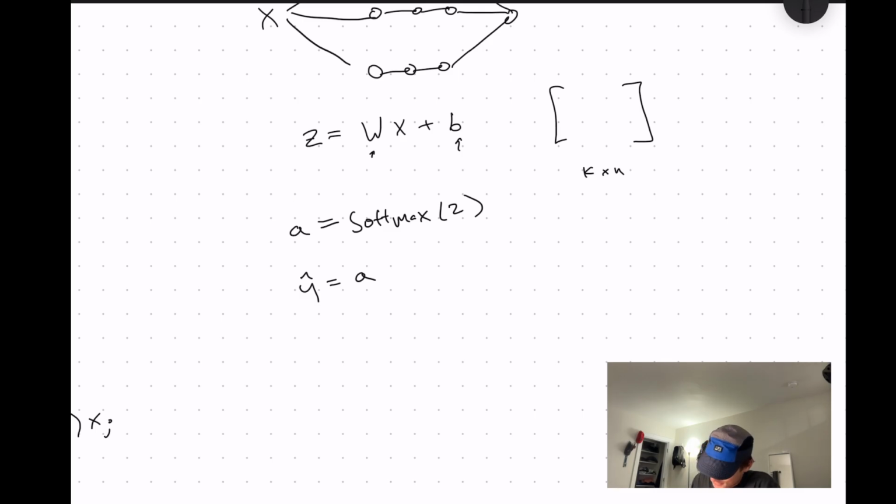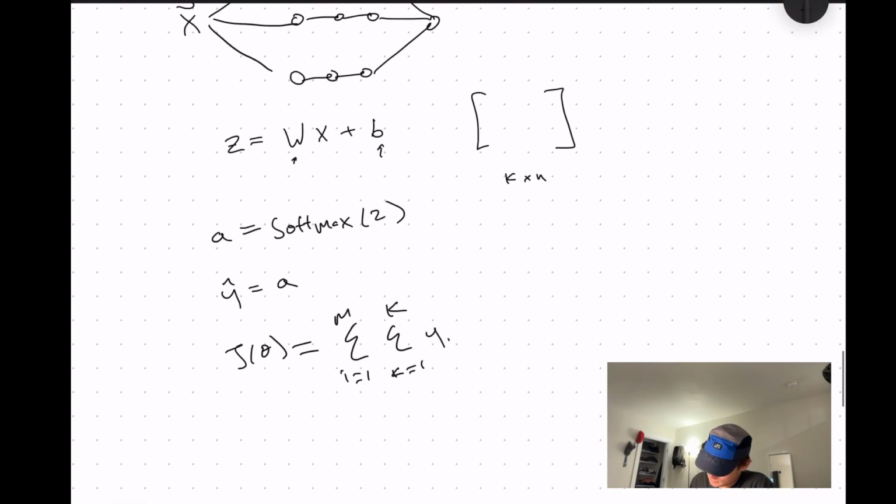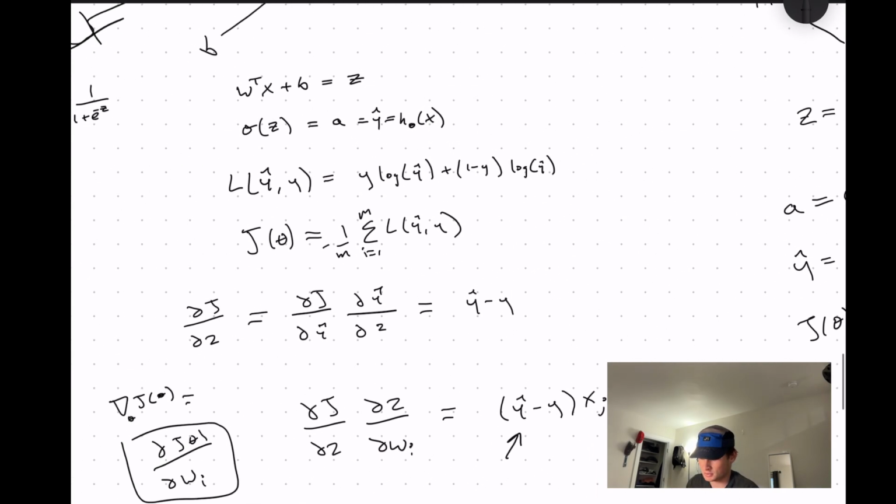Right, okay. So now our cost function equals this guy. And this is kind of confusing, okay? But this should look very similar to what we just did with logistic regression.